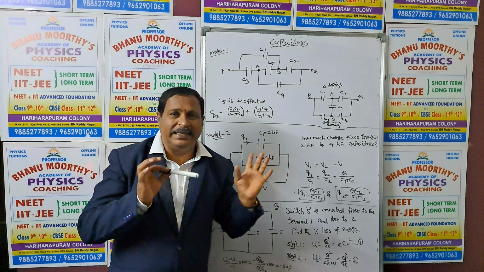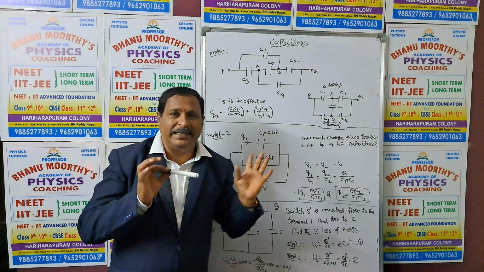Generally charge flows from high potential to low potential, you know. But here potentials are equal. That's why charge does not go through the C5 capacitor. So C5 is ineffective because no charge is passing through it.